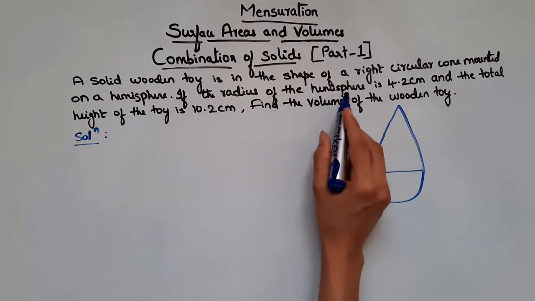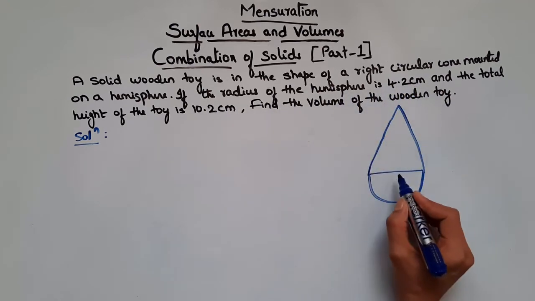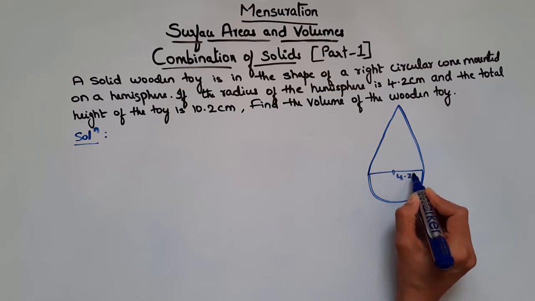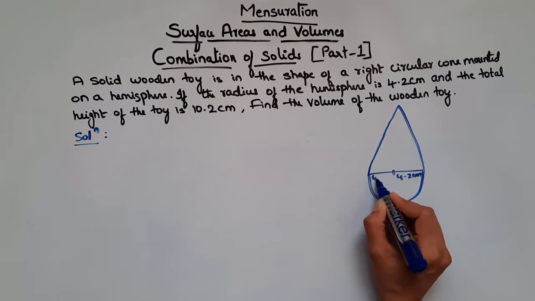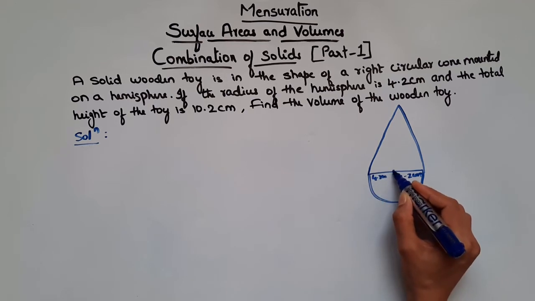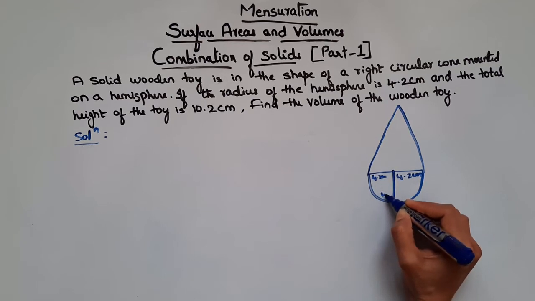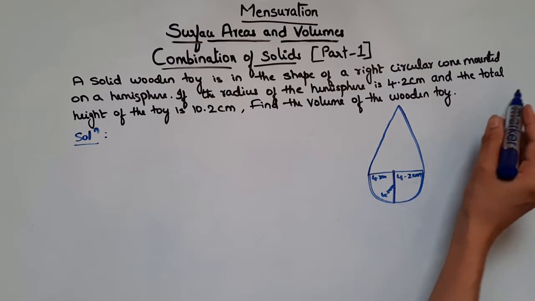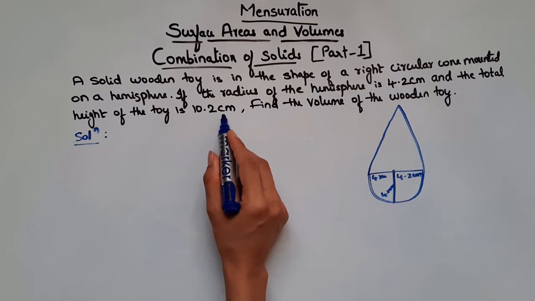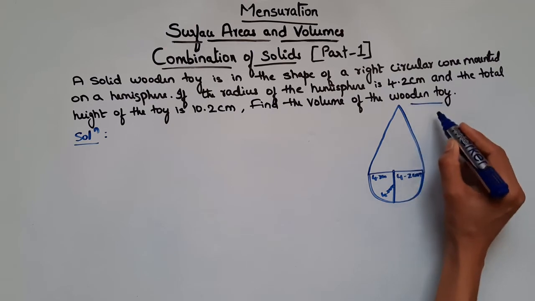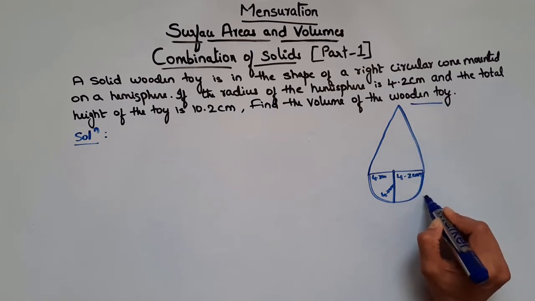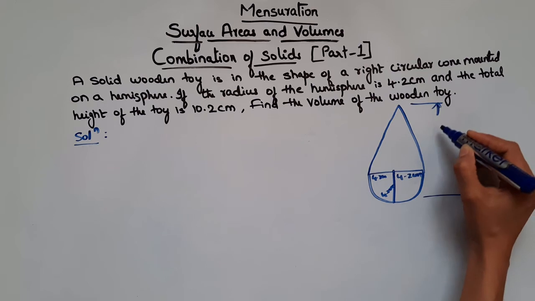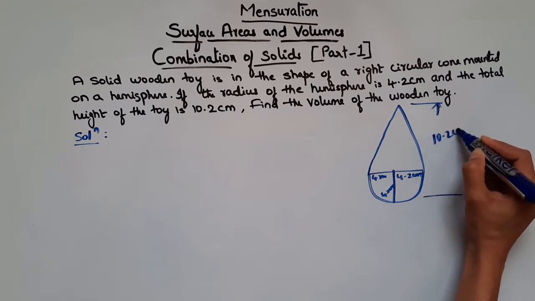If the radius of the hemisphere is 4.2 centimeter, which means this is also 4.2 centimeter and this also is 4.2 centimeter, right? And the total height of the toy is 10.2 centimeter. So from here to here, the height of the toy is 10.2 centimeter.